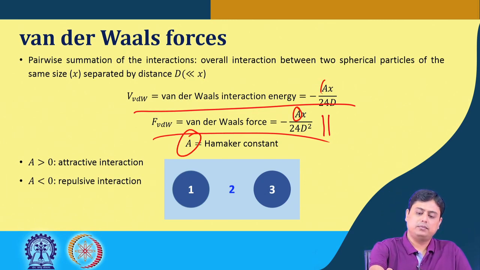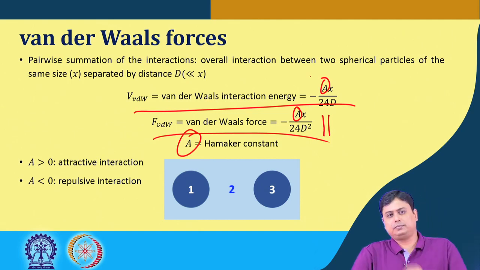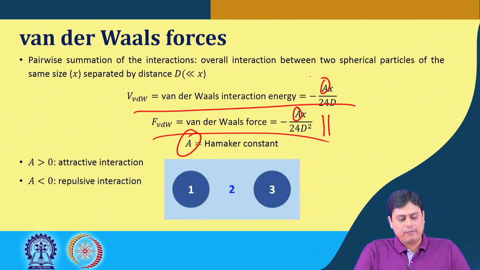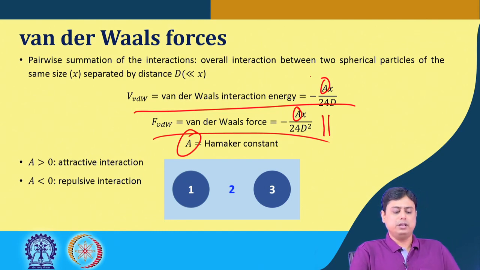If the Hamaker constant is greater than 0, the interaction is attractive. If the Hamaker constant is less than 0, then the interaction is repulsive in nature.